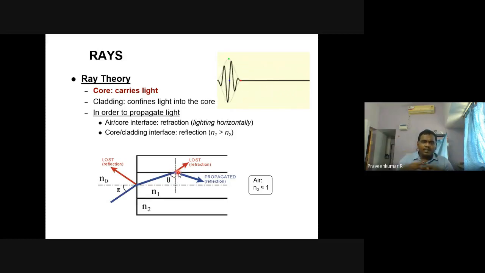So already I told that based on the TIR principle, total internal reflection, when I am inserting any light into the core or fiber material, the light has to travel from the starting point to the receiver, or from the transmitter to the receiver. We have to ensure that the light signal is traveling inside the core.